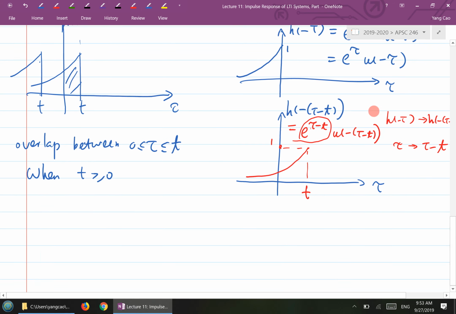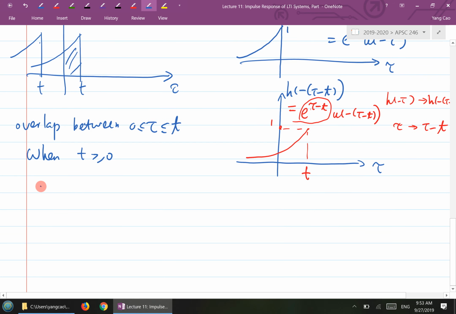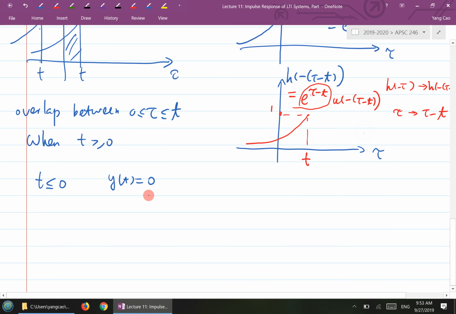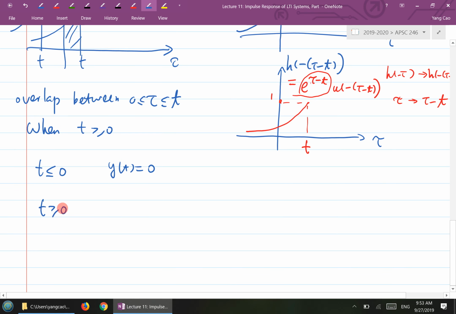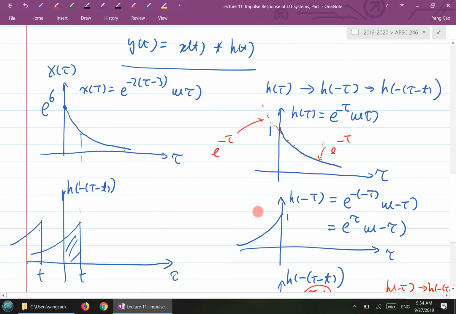And that's it. So you could see, okay, when t is less than 0, the convolution, or the output, is nothing, right? It's 0. When t is greater than 0, then you have this integral, 0 to t, that's the range here. Then multiply this function with this function.